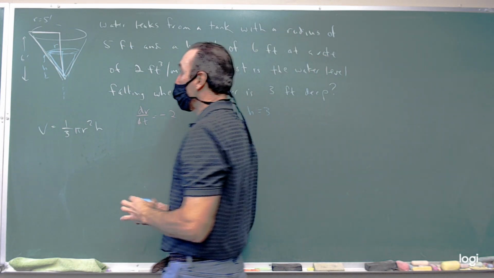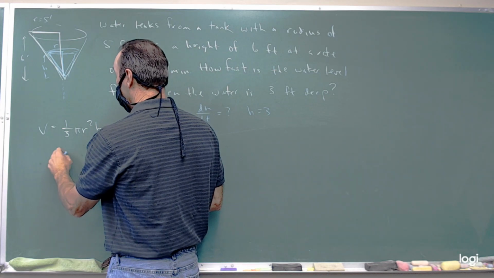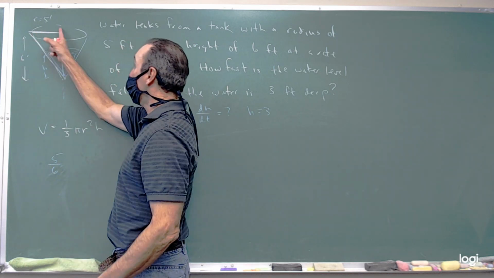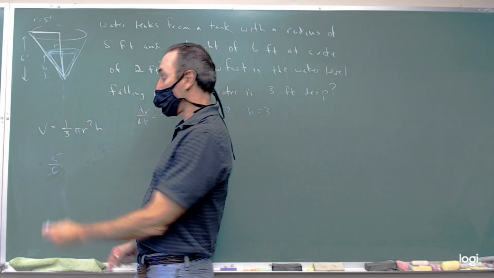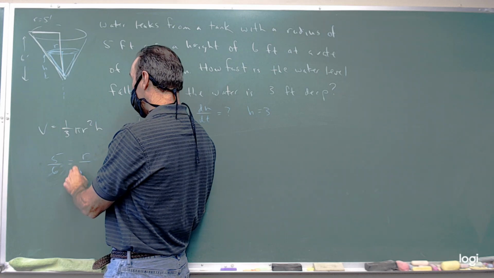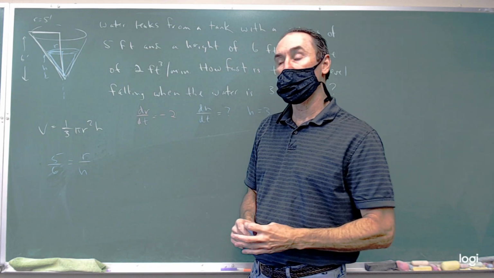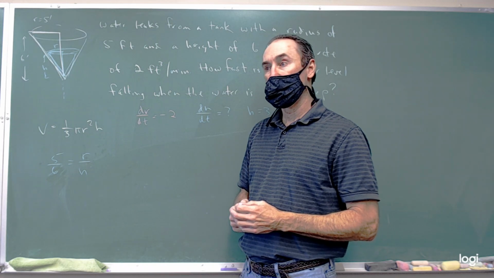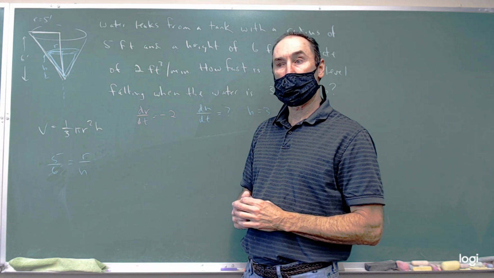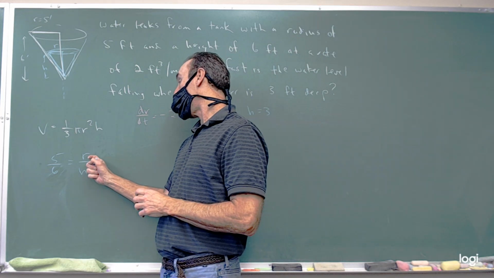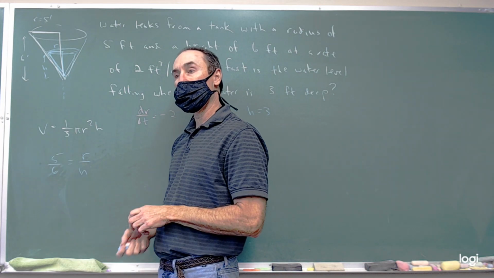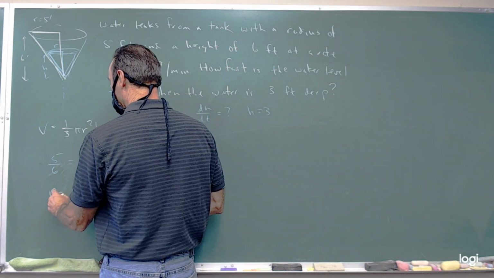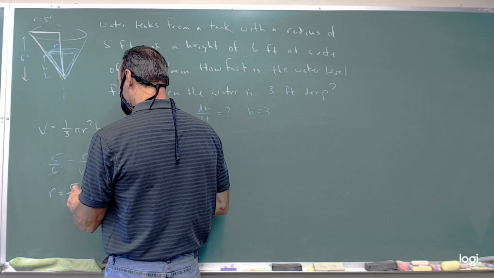And so we'll get that the 5 over 6, the radius over the height of the tank, will equal the radius over the height of the cone of water that's sitting inside the tank. Does that make sense? So then we can solve for r in terms of h if we multiply that h to the other side. And so we'll get that r is going to be 5/6 h.